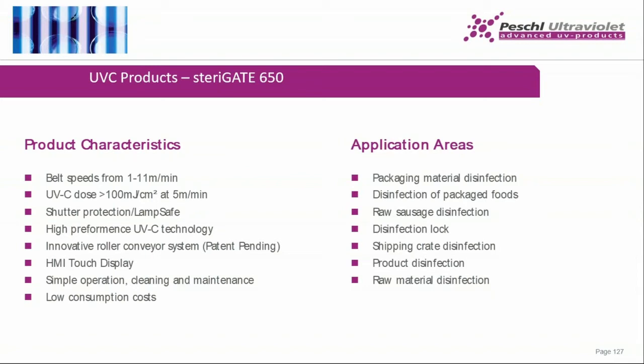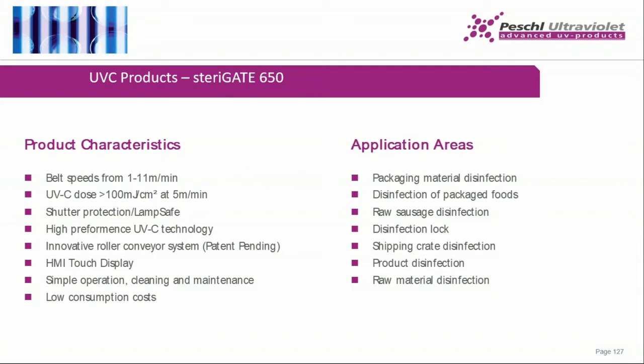If you put some things on the conveyor, there will be a shadow from the mesh. Therefore we use a special roll system where the lamps are integrated and we have a shadow-free radiation. Simple operation, cleaning and maintenance, low consuming cost or spare costs. Okay, for which kind of application do we use it?